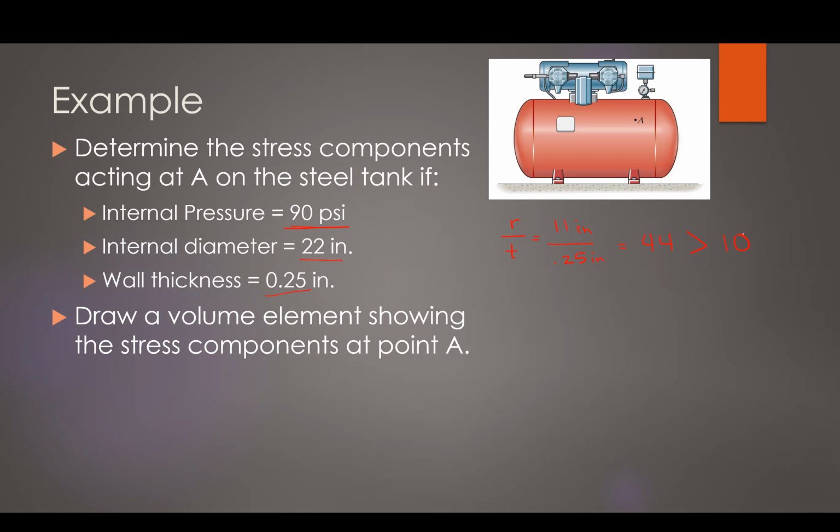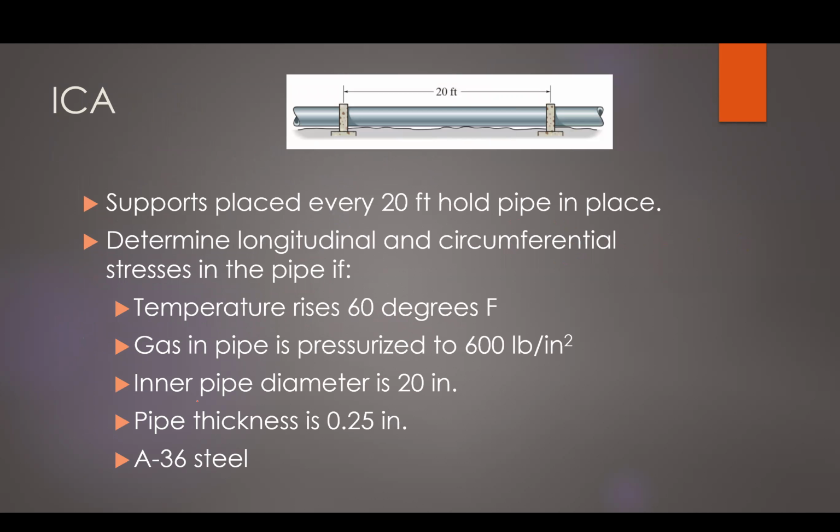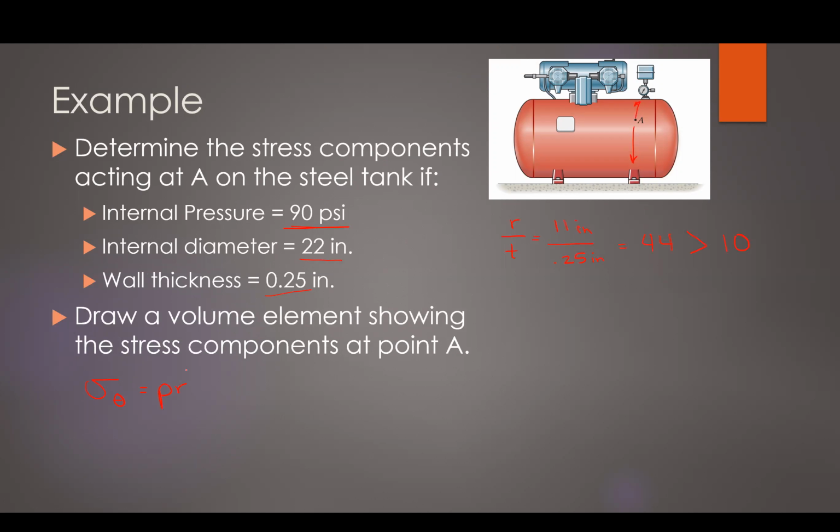So proceeding forward, we're going to want to calculate two things, our hoop stress and our longitudinal stress. We know that the equation for our hoop stress, which is the stress that goes around the cylinder, or sigma theta, is equal to PR over T. In this case, we have a pressure of 90 psi.